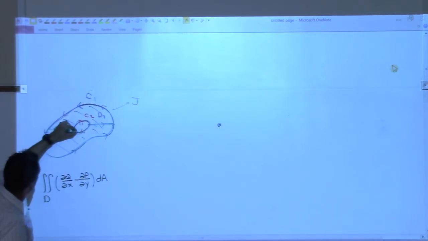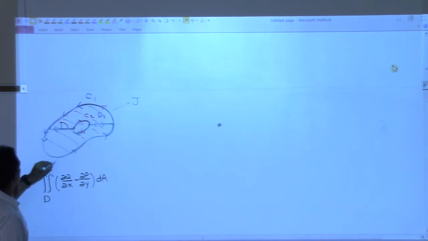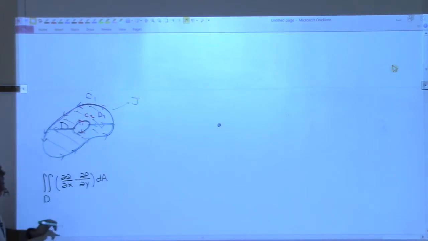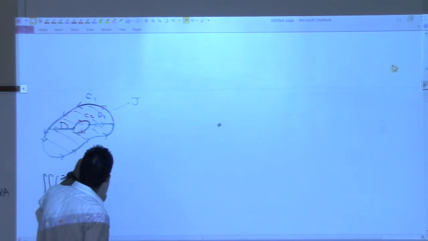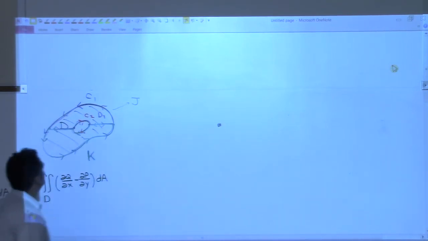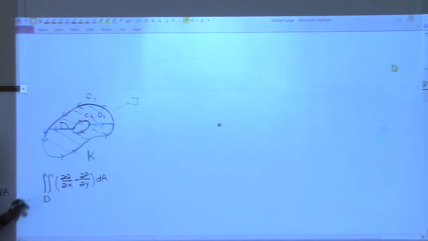And we're going to go also in positive orientation, isn't it? And I'm going to call that one K. It's the path K. And do you agree that the path K encloses a region? I'm going to call that D2.